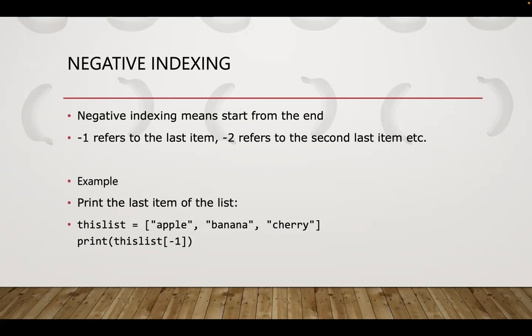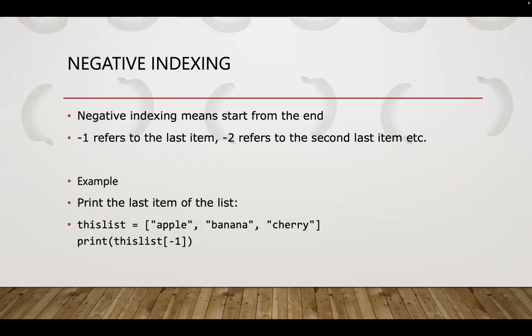There is no negative 0, because there's nothing like negative 0. You're just going to pick the number 0 from the index, so it's going to give you index number 0.